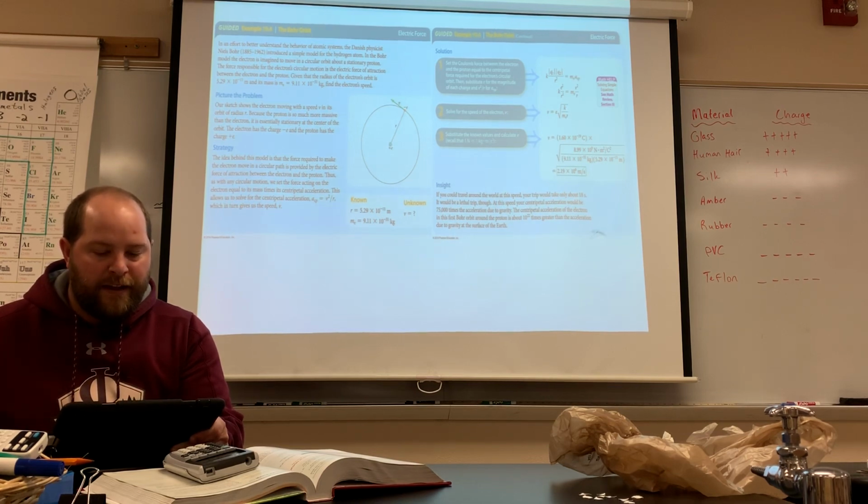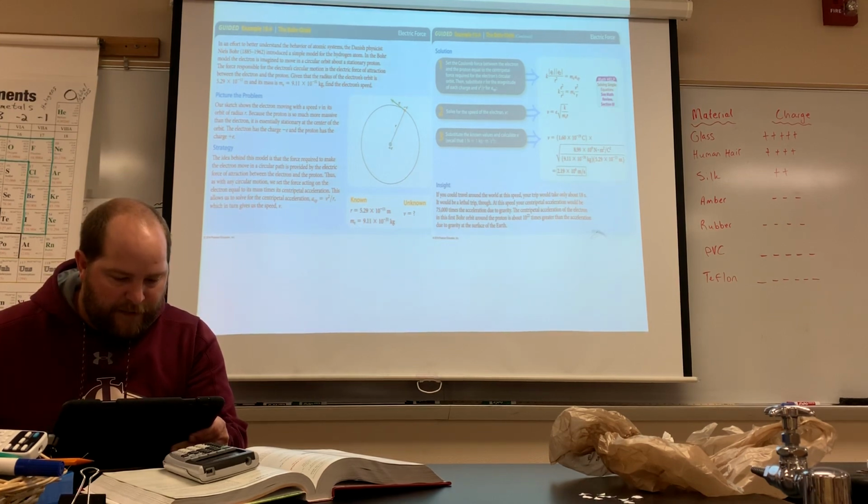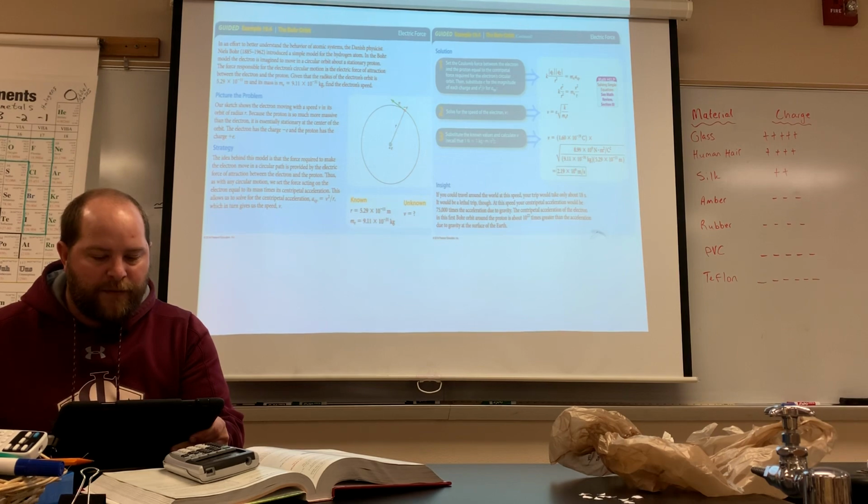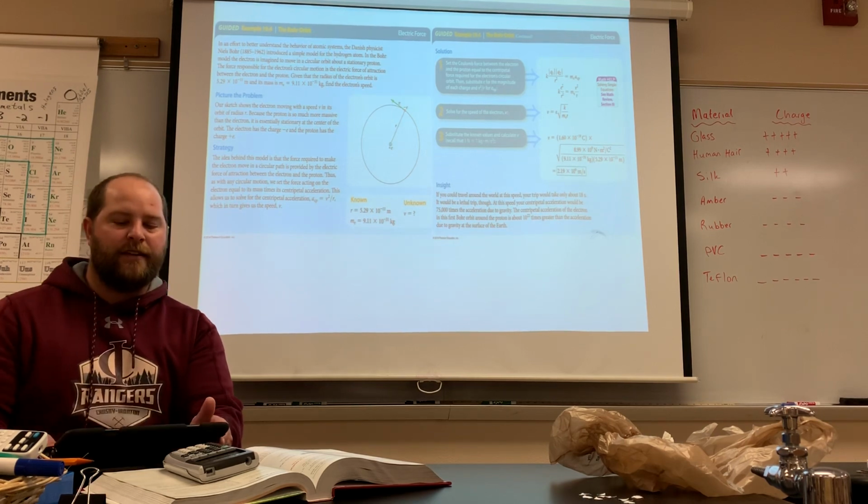Given that the radius of the electron's orbit is 5.29 times 10 to the negative 11 meters, and its mass is 9.11 times 10 to the negative 31st kilograms, find the electron speed.